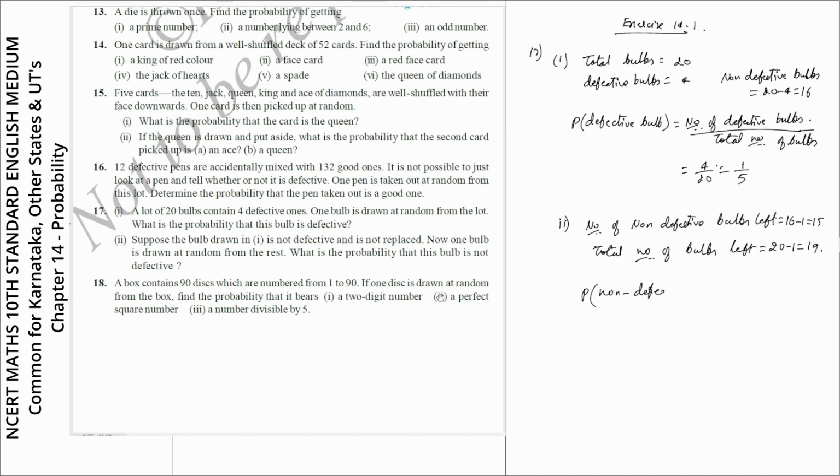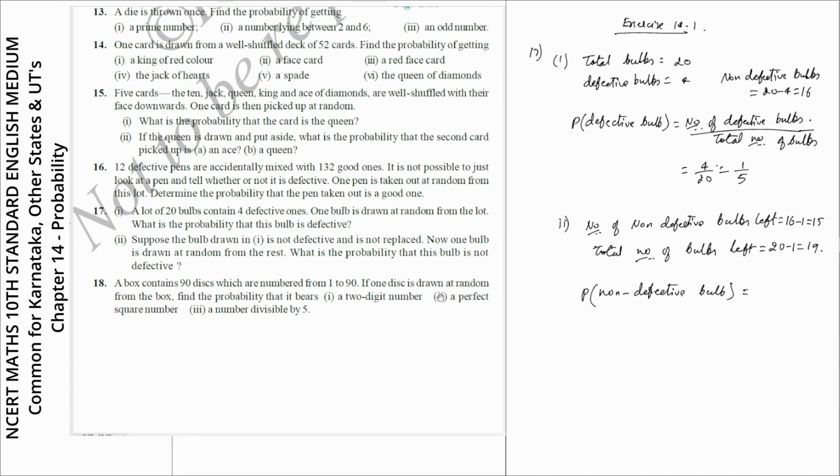That's the question. So in first case, one bulb was taken and that bulb happens to be non-defective and that bulb is not replaced, and after that 15 non-defective and 19 total bulbs are left.